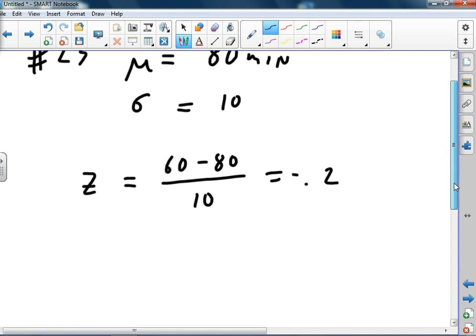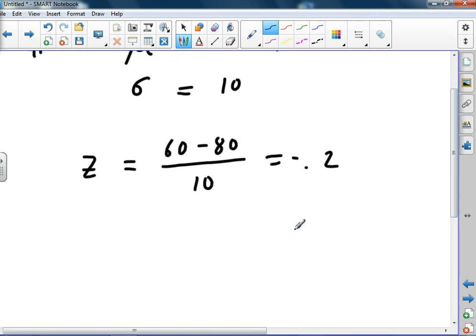60 minutes. Is that what that is? Minus 0.2? Yeah, minus 0.2. Okay, we go to our chart and see the probability of minus 0.2 less than or equal to Z is 0.4207.